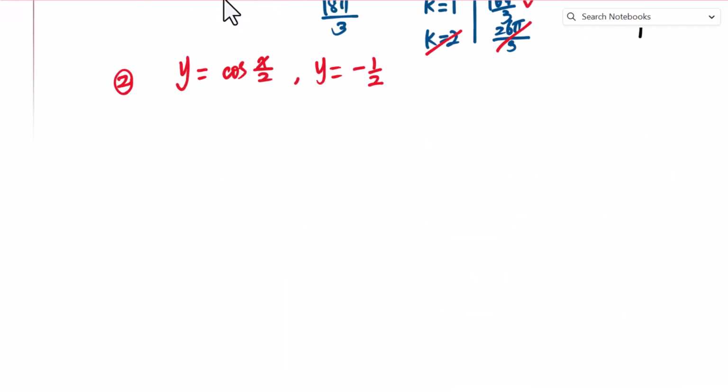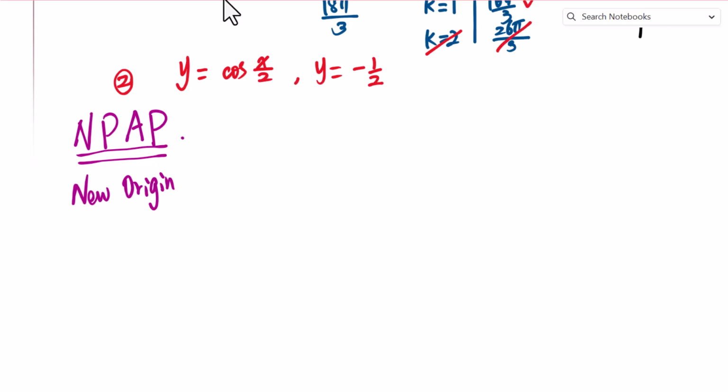When you sketch the graph of a trig function, we will use NP-AP. No people are passing, to remember this rule. N means new origin. For y equals cosine x over 2, since no horizontal or vertical translation, we got new origin still 0, 0.